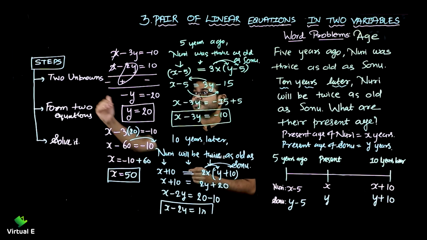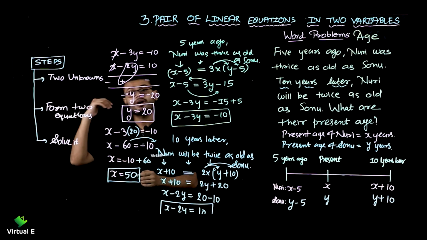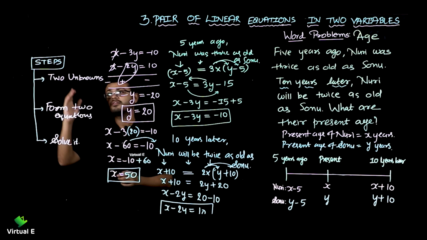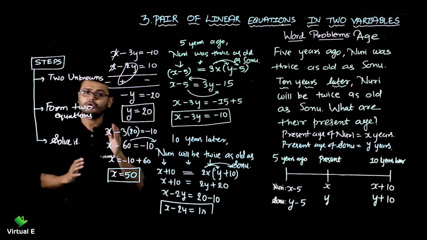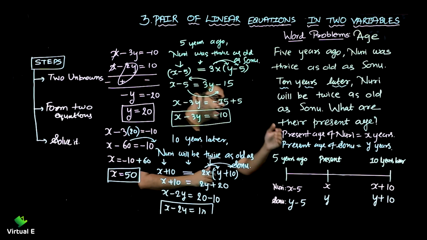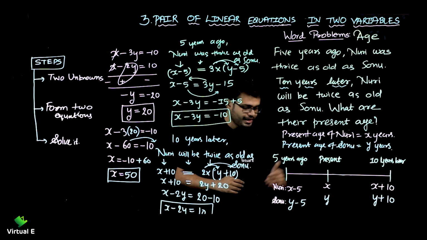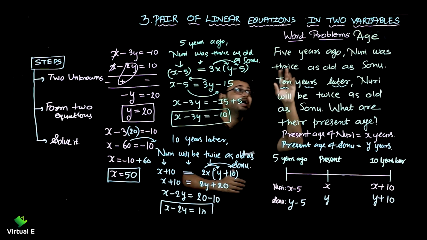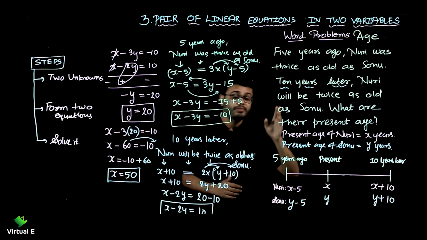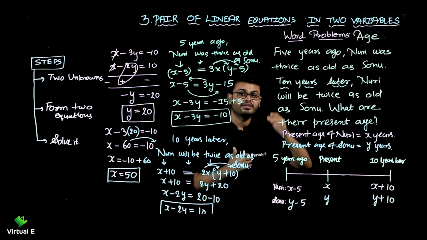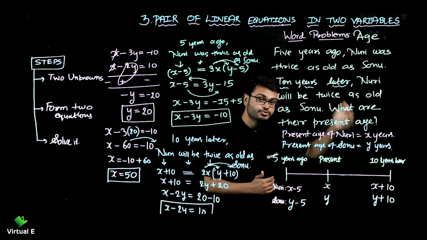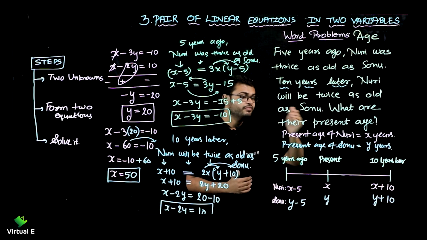As always, the three steps are going to remain the same for any kind of word problem. First of all, identify the unknowns. What do we want to find? We want to find the present age of Nuri and the present age of Sonu. Afterwards, we followed the condition. As it is related to age, you are given the case of age about the future or about the past. So we have done that.